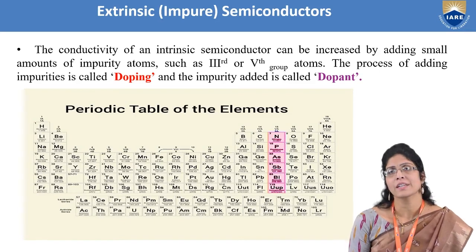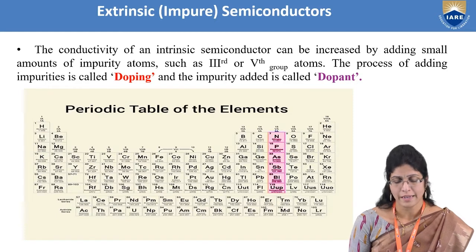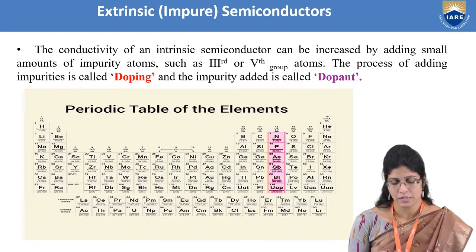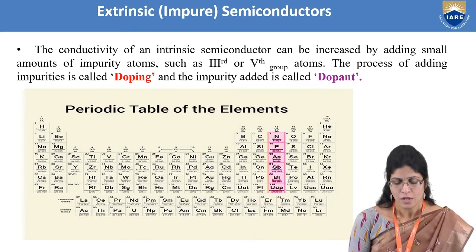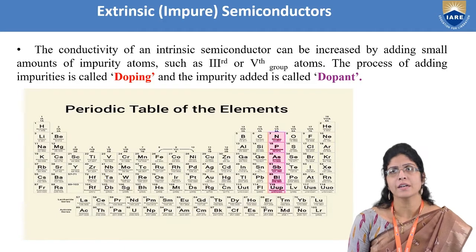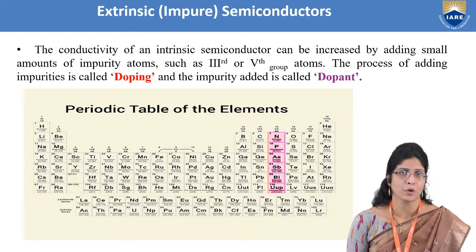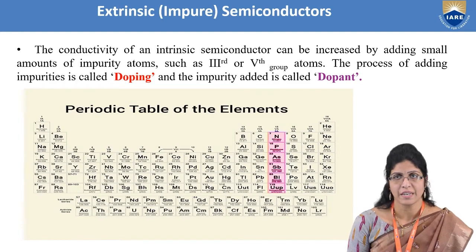If you take the periodic table, there are almost 11 semiconductors, of which germanium and silicon we have already taken into consideration as intrinsic semiconductors. If you dope them with third and fifth group atoms, then you can observe a rise in the conductivity and many other properties of the intrinsic semiconductor.